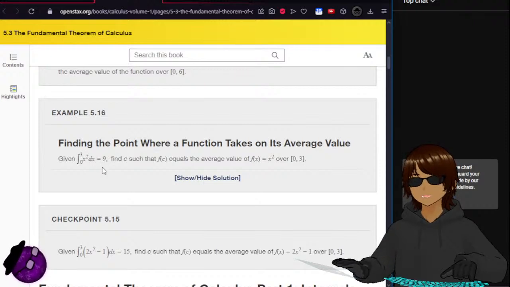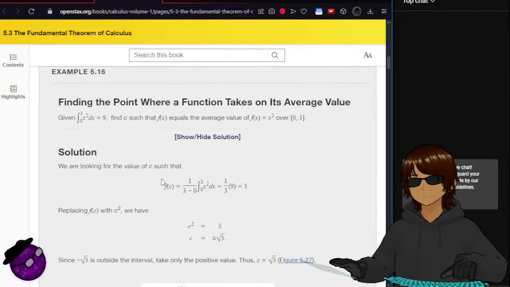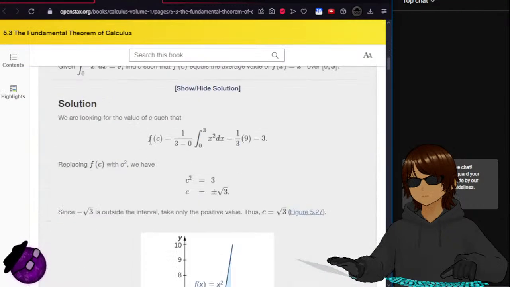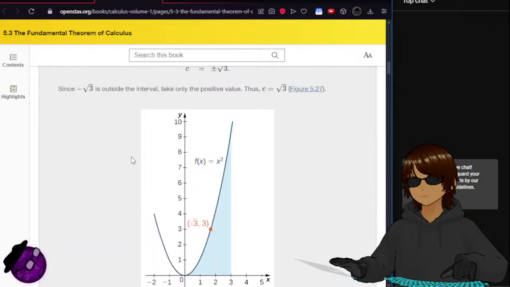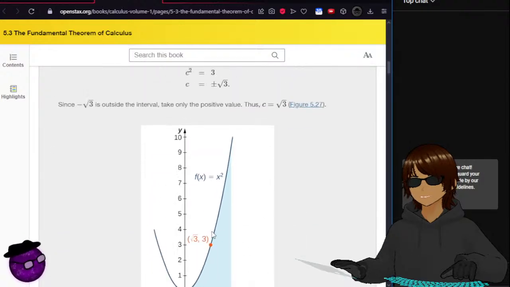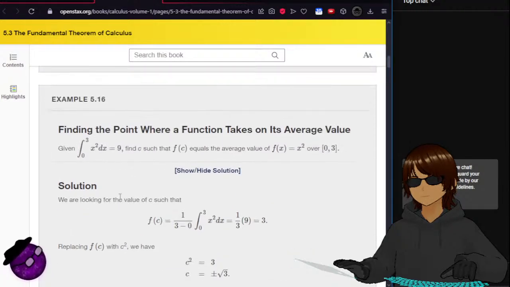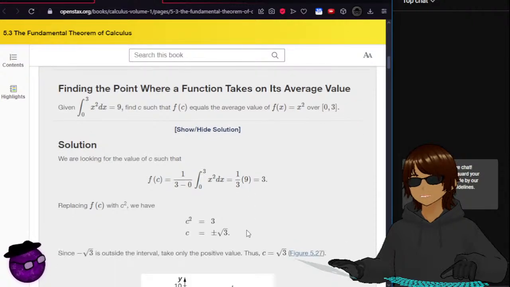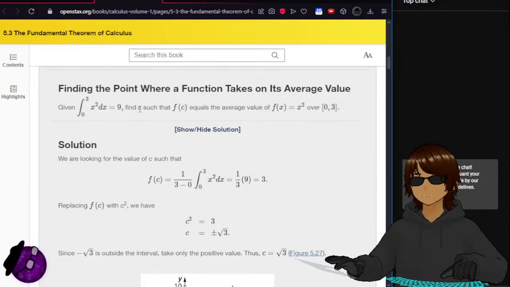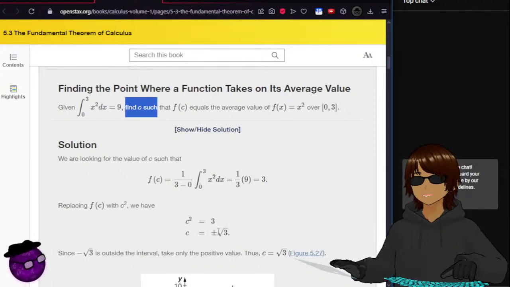So what would be the average value? It would be 9 divided by 3. No, wait. Am I wrong? This is the average value. Yeah, f of c would be 9 divided by 3. Oh, we have to find c. So yeah, the value of c would be root 3.